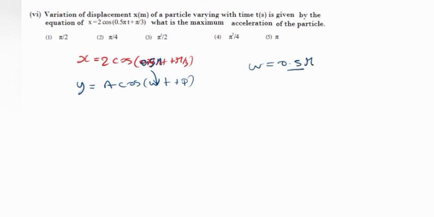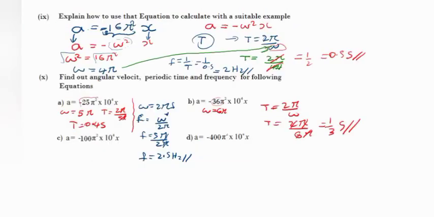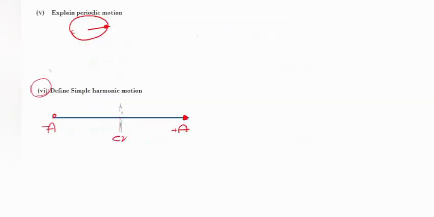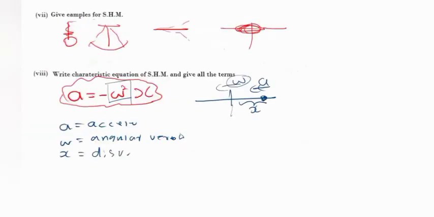Leave it, this is not the answer. Now I want to find out the maximum acceleration. What is the acceleration equation? I told you to remember the characteristic equation: a equals minus omega squared x. What is the maximum x you can obtain? The maximum x is nothing other than the amplitude. That gives you a max equals minus omega squared x.